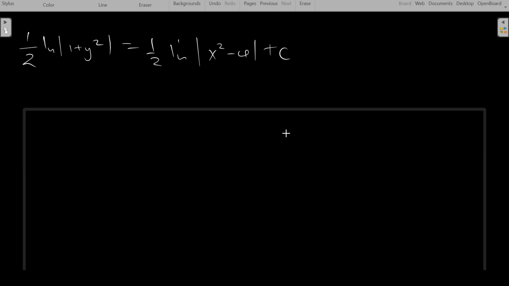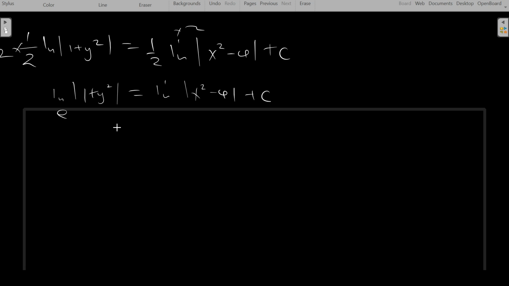Now, from this point, multiply by 2 through. So multiplying by 2 through, I'll get the ln of 1 plus y squared should equal ln of x squared minus 4 plus a constant of integration.